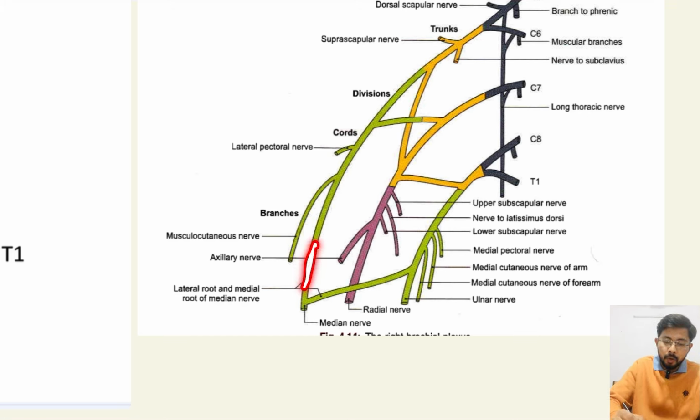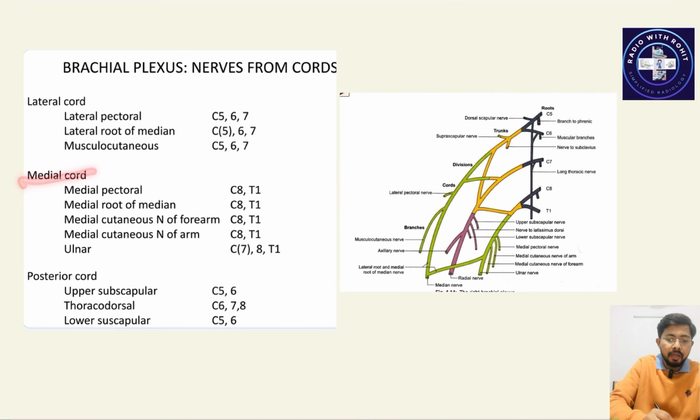This lateral root of the median nerve and medial root of the median nerve merge together and form the median nerve. So the branches of the medial cord are the medial pectoral, medial root of the median nerve, medial cutaneous nerve of the forearm, medial cutaneous nerve of the arm, and the ulnar nerve.